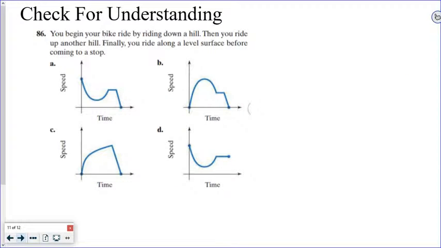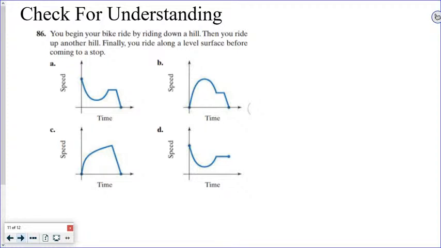On your table, actually, we don't really need a table because it's just A, B, C, or D. You begin your bike ride, and you're going downhill. Okay, if you're on your bike and you're going downhill, think about what's happening to your speed. So you begin your bike ride going downhill, and then you go up a hill. When I go up a hill, think about what's happening to your speed.